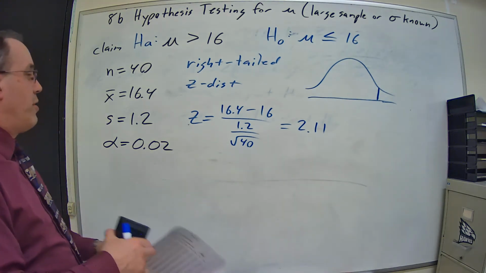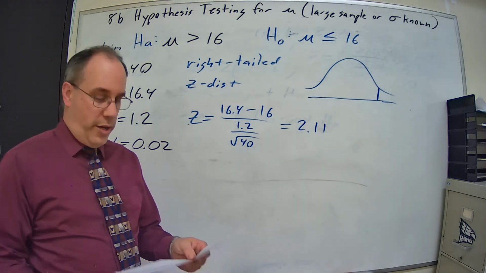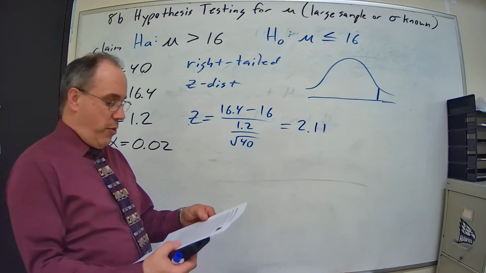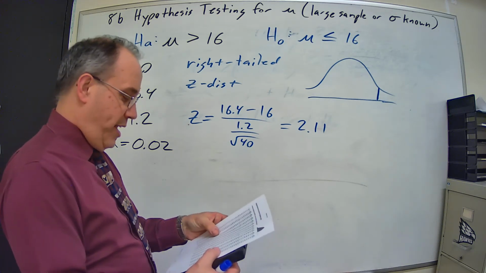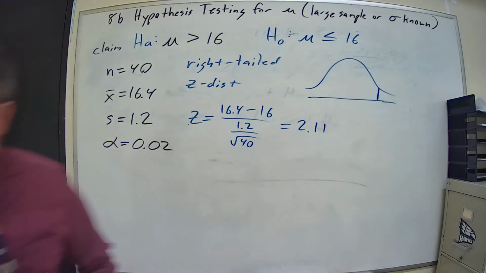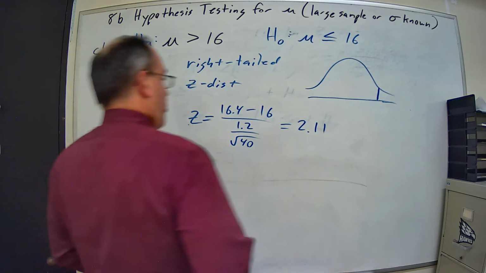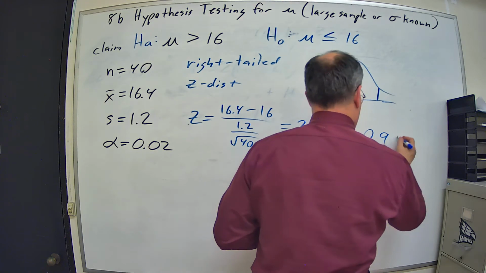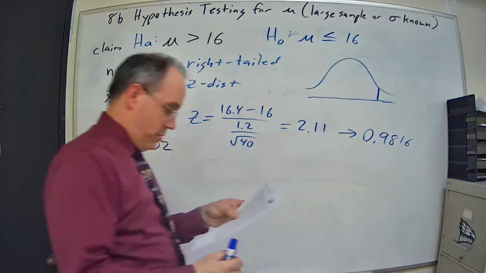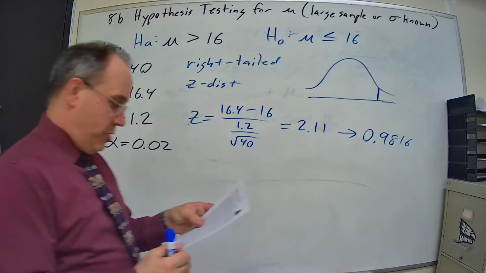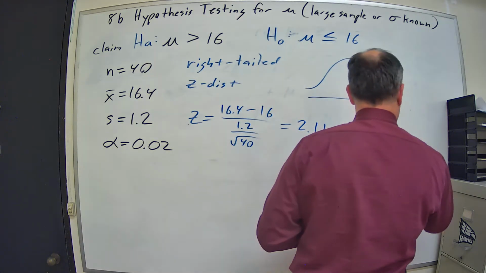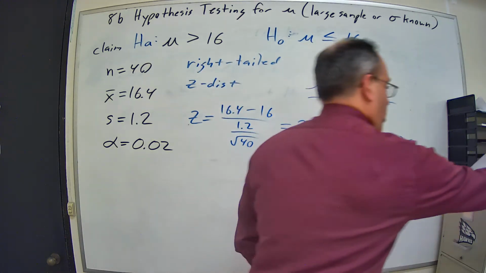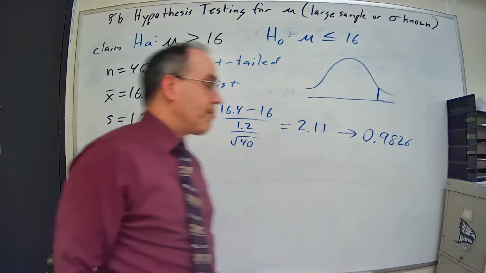So I'm looking for a z-score of 2.11. 2.11 gives me 0.9826. So I'll put that there for easy access.